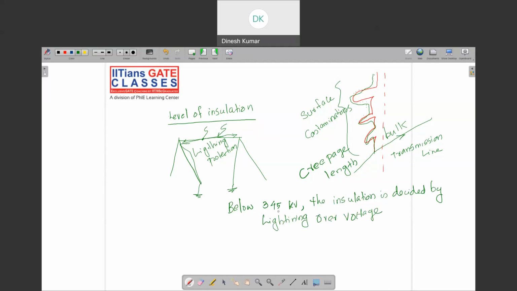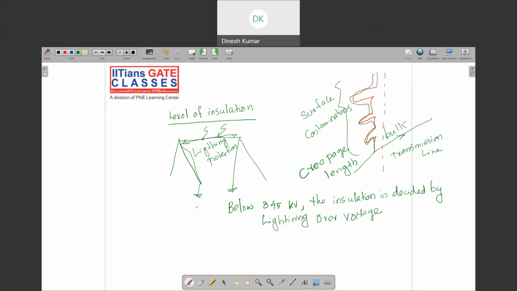At this level, below 345 kV, the insulation coordination or insulation design is decided by the lightning impulse voltage. We have to look at how much lightning impulse voltage is coming, and then look at the design of the insulation.